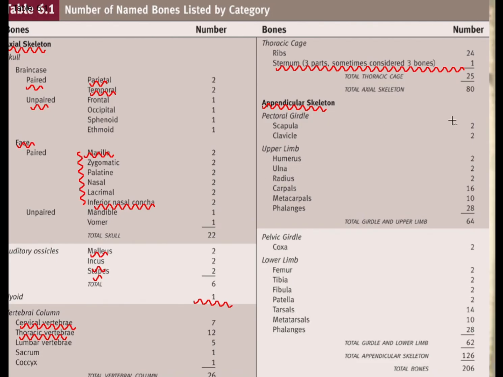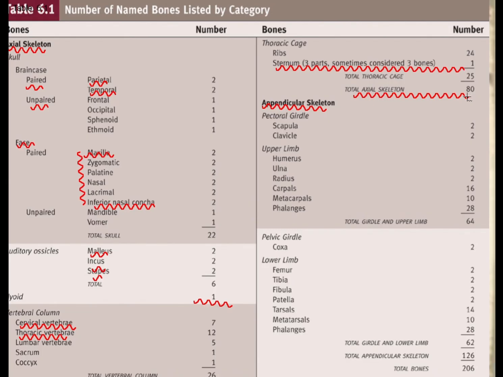Here 25, then 26, and then 29. So the total number of bones in the axial skeletal system is 80. Then the rest, the appendicular skeletal system, has 126 bones.